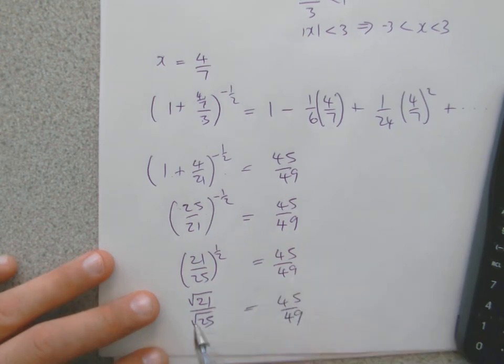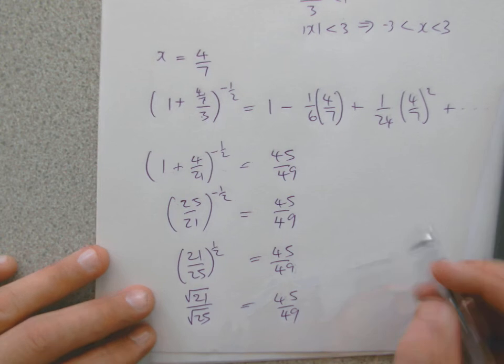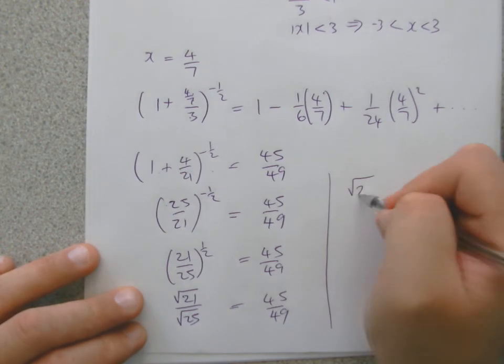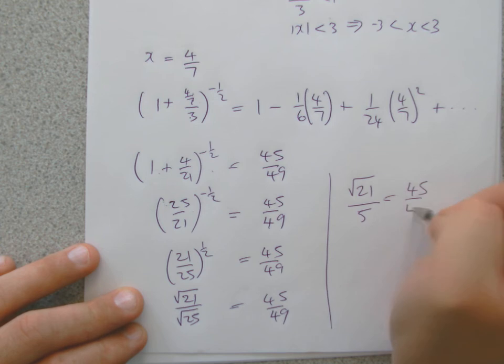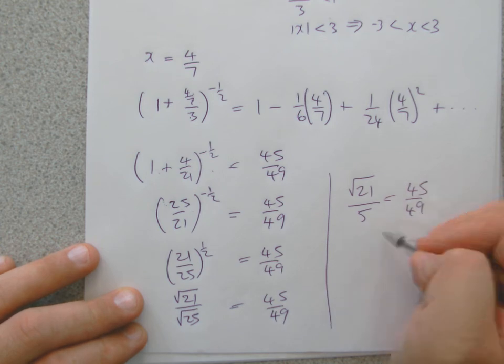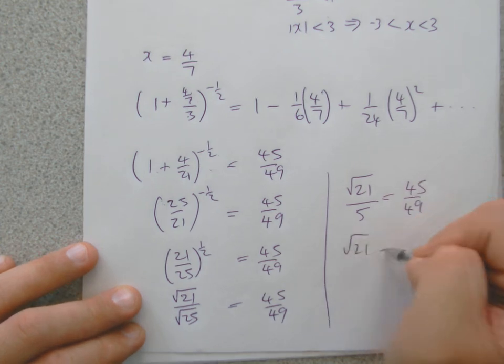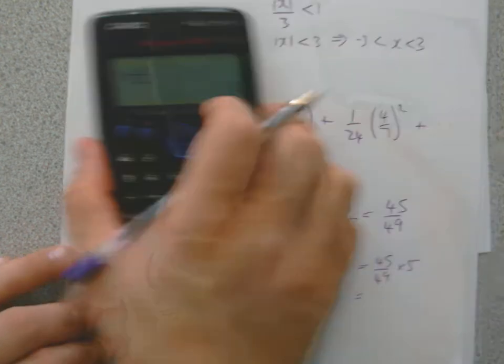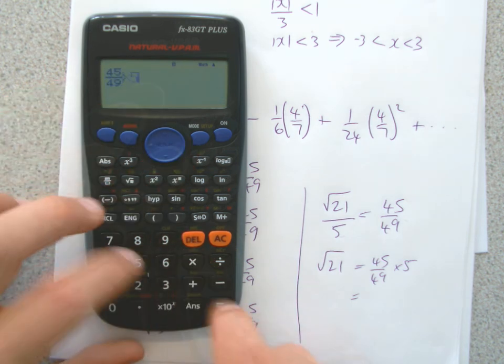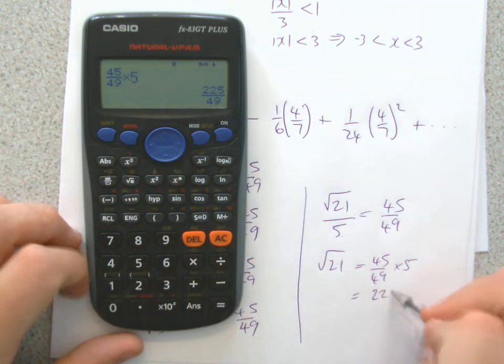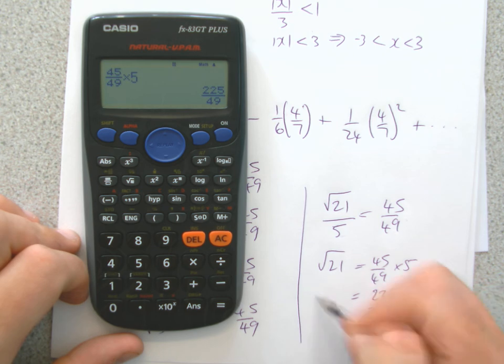So root the top, root the bottom. But the good thing is you know what that root is on the bottom: root 25 is 5. It equals 45 over 49. So then you take the 5 up, because you divide and take it up, and times 45 over 49 by 5, you get 225 over 49. That's what root 21 is.